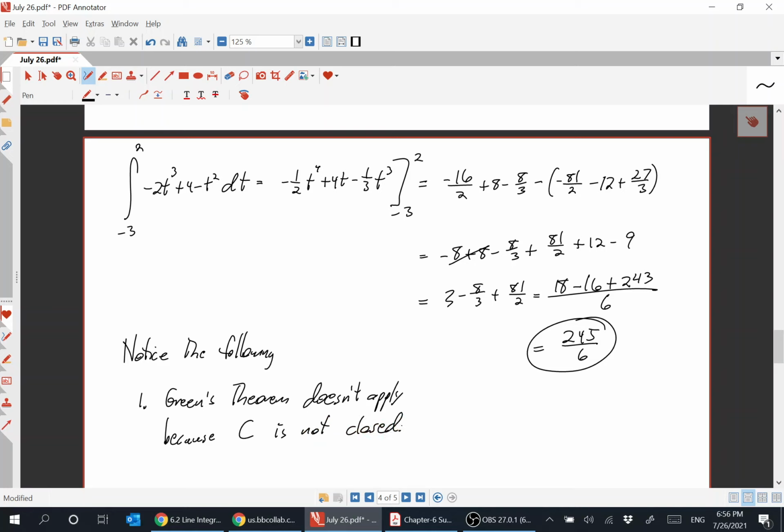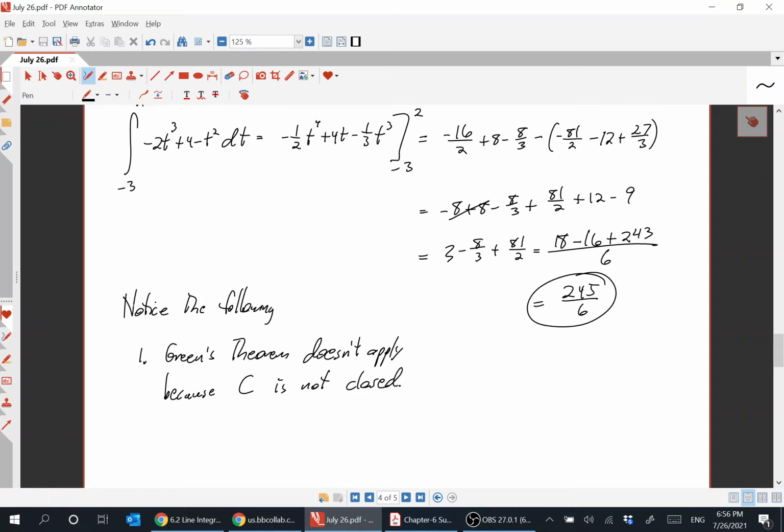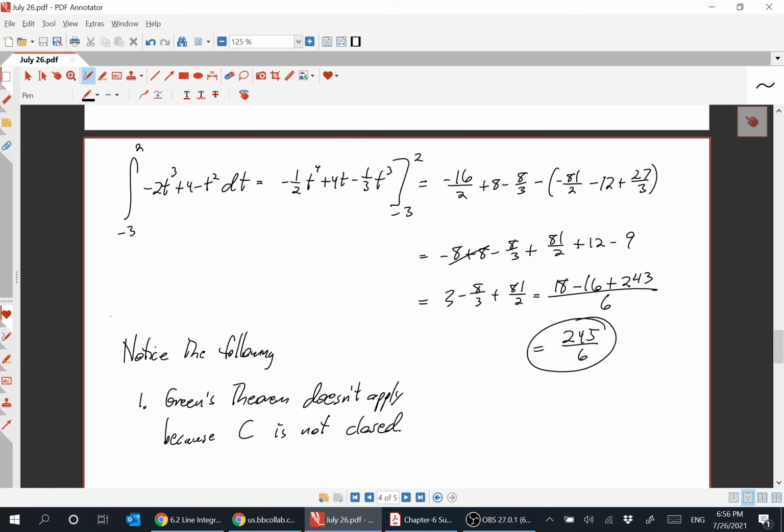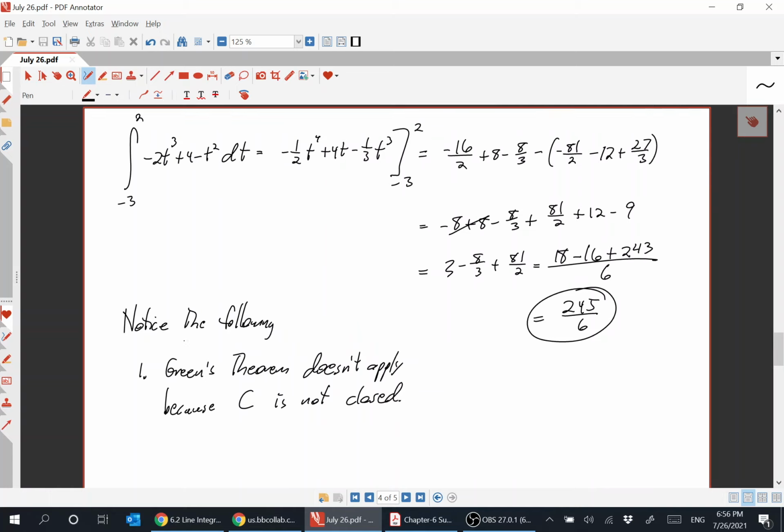Sometimes you can do some trickery to get Green's theorem to apply to a non-closed curve by essentially closing it up and subtracting off part of it. But it's not in this one. There doesn't seem to be any nice way to do it.